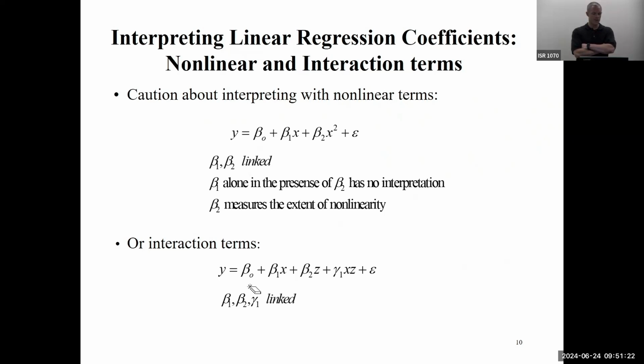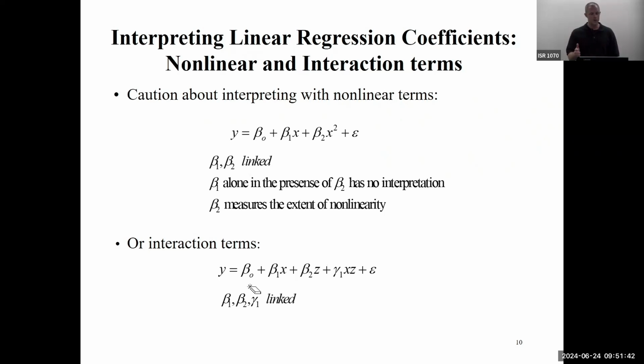Depending on the value of x, y could change in a different manner depending on beta 1 and beta 2. So beta 1 by itself doesn't really have a meaningful interpretation because the relationship of x with y depends not only on beta 1, but on beta 2, the nonlinear part of this.